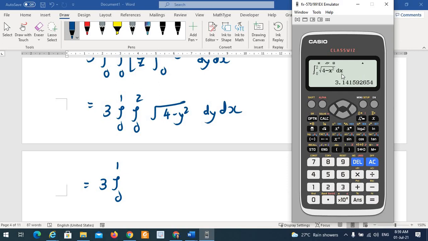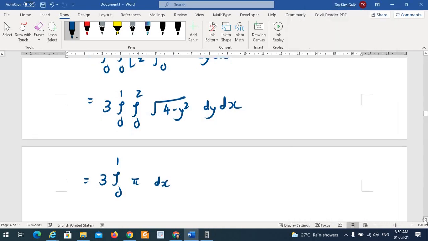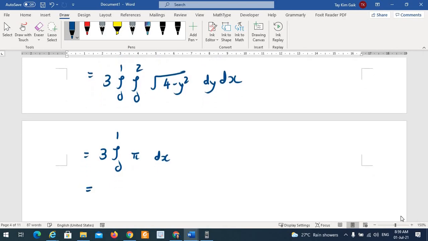In this case, this is 3.14, which is actually pi. So this part gives you pi dx, and then lastly integrate 3 pi with respect to x from 0 to 1, and you get the answer 3 pi. So I showed you three ways.